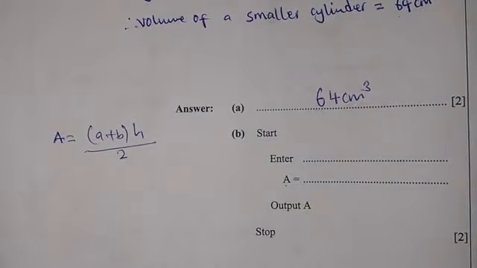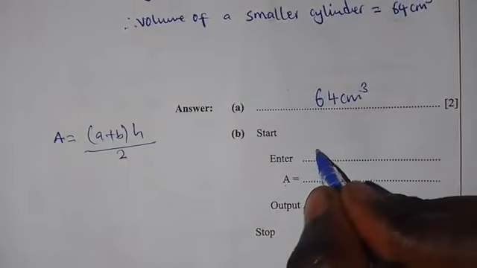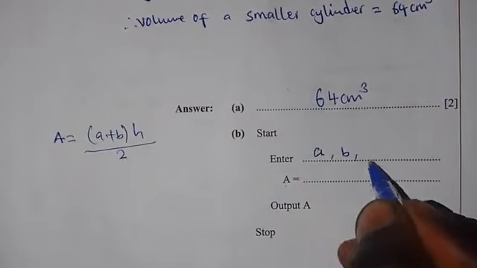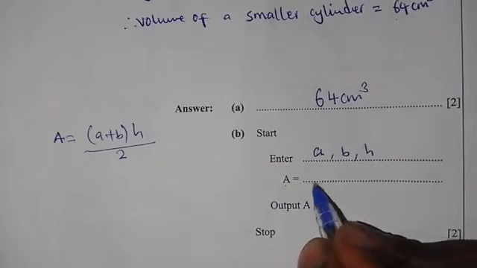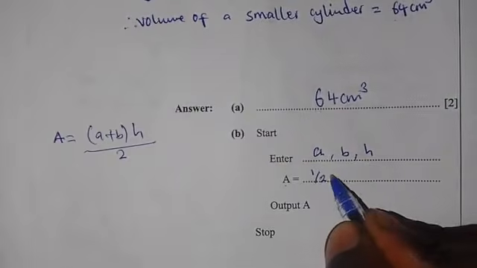This is the formula. Not so? So here, enter, we are just going to enter a, b, and h. Then here we are just going to write the formula, which is this one.